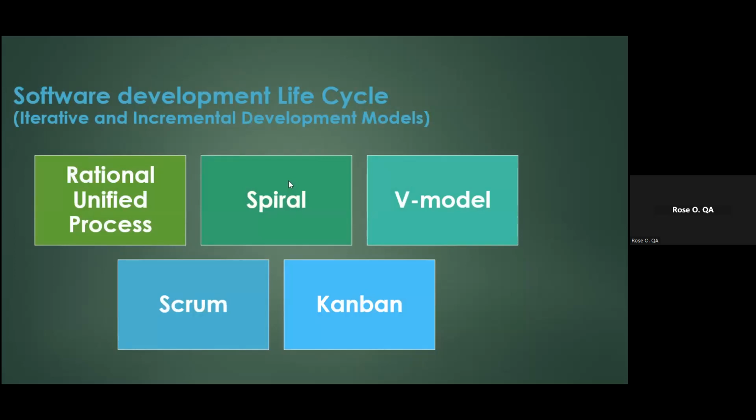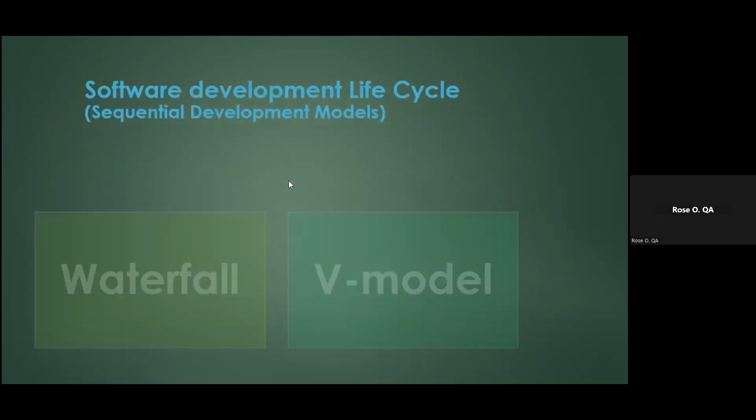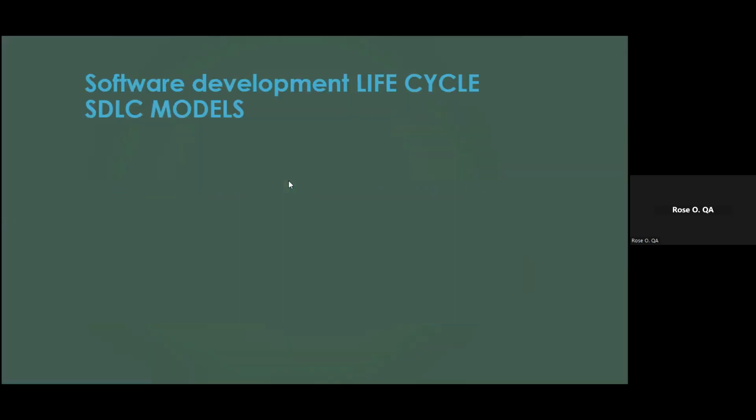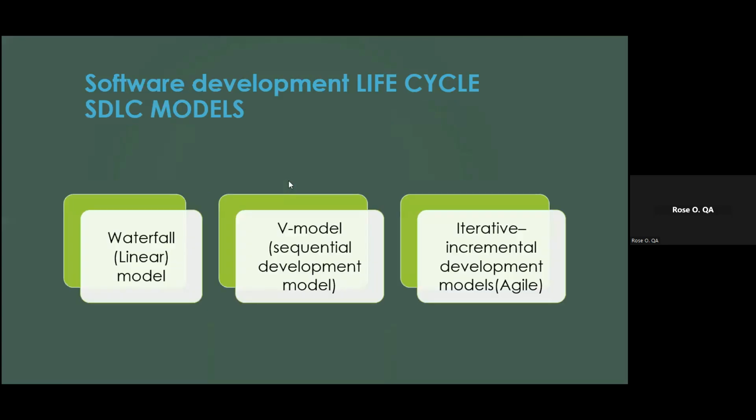There are three major ones that we talk about mainly when it comes to software development lifecycle models. The three are Waterfall, which is called the linear model; the V model, which is called the sequential development model; and the iterative model, which is called the incremental development model, and that is Agile. This big guy, Agile, is what is really happening in the market now.